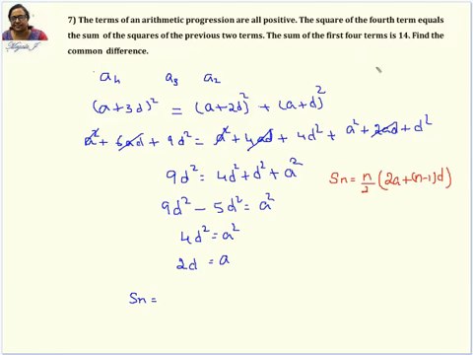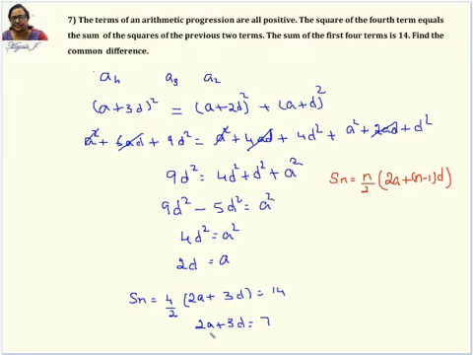They are asking for the sum of the first 4 terms, which is 14, so n equals 4, by 2. And the first term we don't know, so 2a plus 3d, and that is equal to 14. This 2 goes there, it's going to be 7. So you will have 2a plus 3d equals 7.